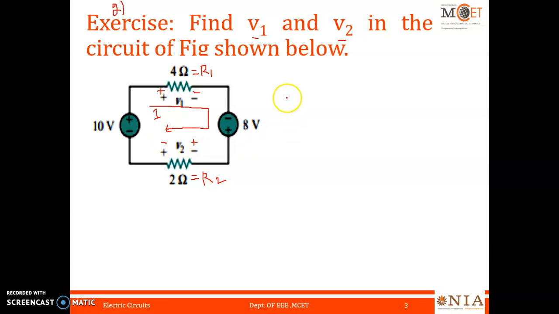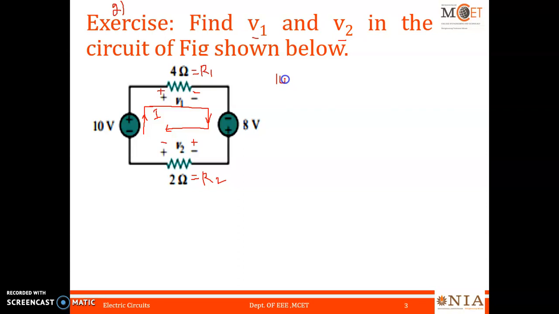Now I have to apply KVL. Here there are two voltage rises: going from negative potential to positive potential is one rise, the 10 volt source, and similarly there is another rise, the 8 volt source.